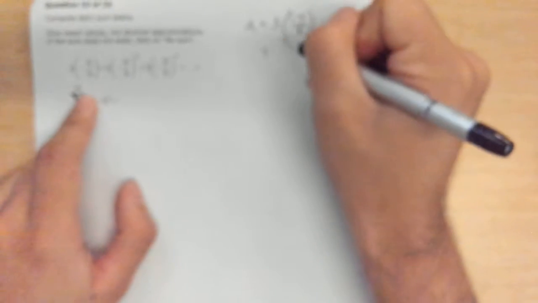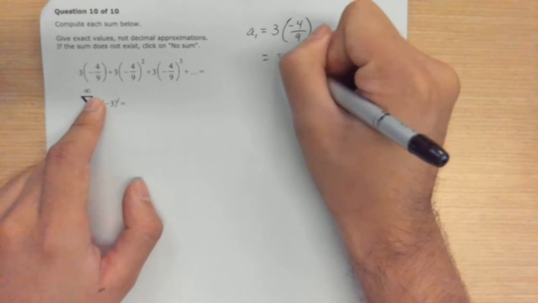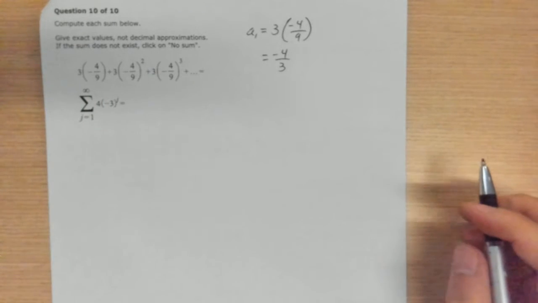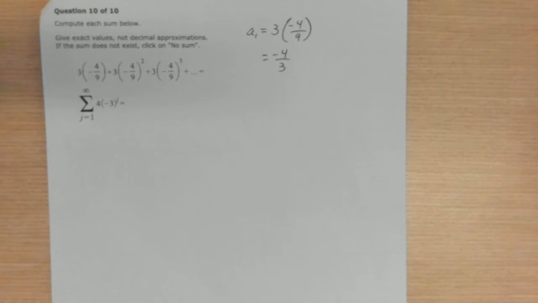This becomes minus 4/3. How do I know? Well, the bottom 9 is 3 times 3, so I cancel the 3 on the top and a 3 on the bottom, and that gives me minus 4 on the top and a positive 3 on the bottom.